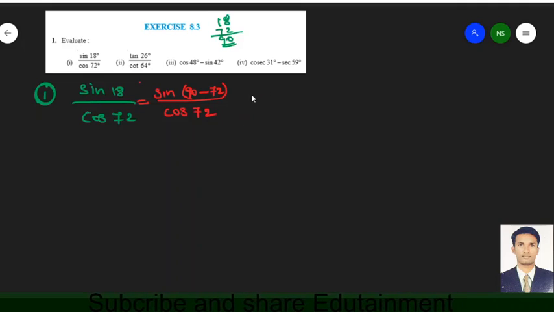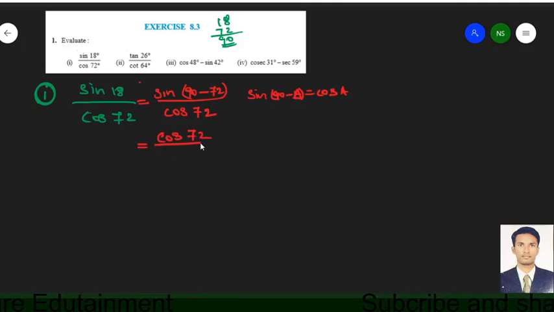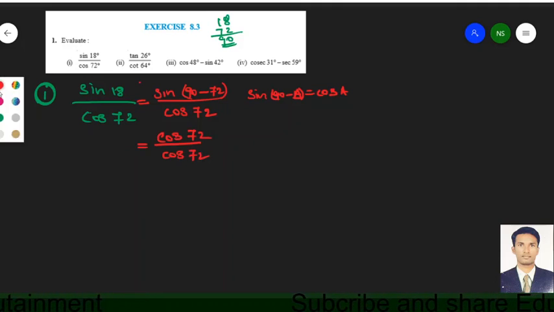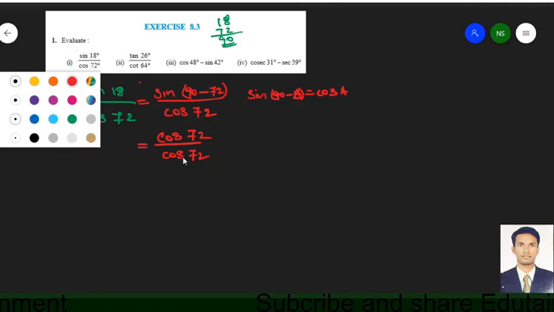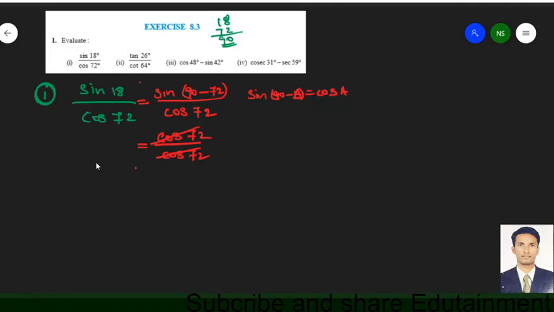I have one formula, that is sine 90 minus A, which is equals to cos A. So instead of A we have 72 here, so we will get cos 72 divided by cos 72. We have the same factor in both numerator and denominator, so we can cancel these two. Let us solve the second one.